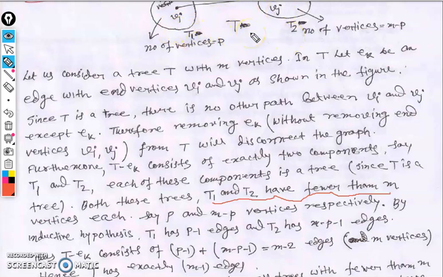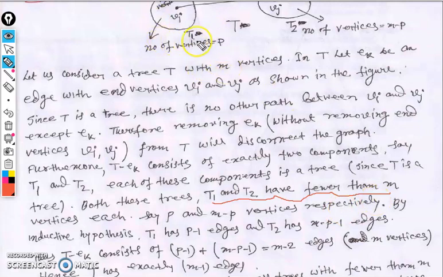You can easily observe that the number of vertices in each should be less than m. If we consider the first component, here we mark it as T1. T1 consists of exactly p vertices and T2 consists of exactly m minus p vertices, because here we consider the graph as having m vertices.